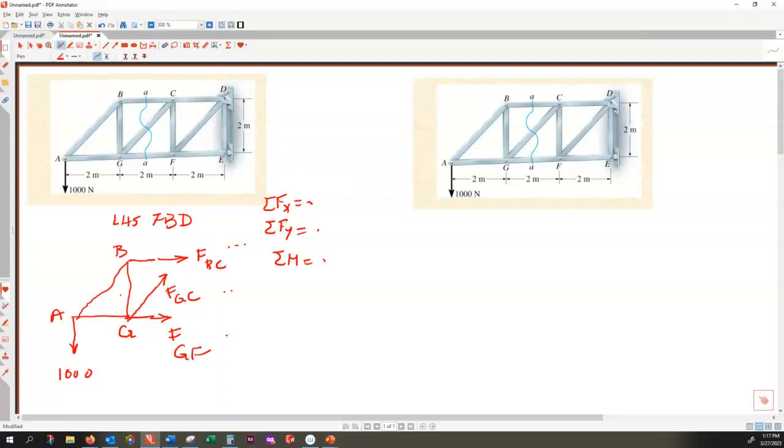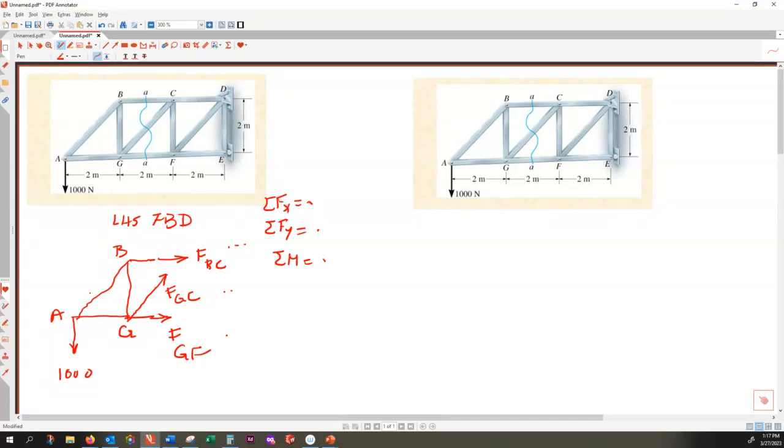All 3 conditions are usable here because this is not a particle. That's a real rigid body. This has a capacity to rotate. When you applied the method of joint, your free body diagram was like a particle. All forces collided at one single point, and then the rotation condition was not useful. That only provided you with 0 equal to 0, which is not an answer.